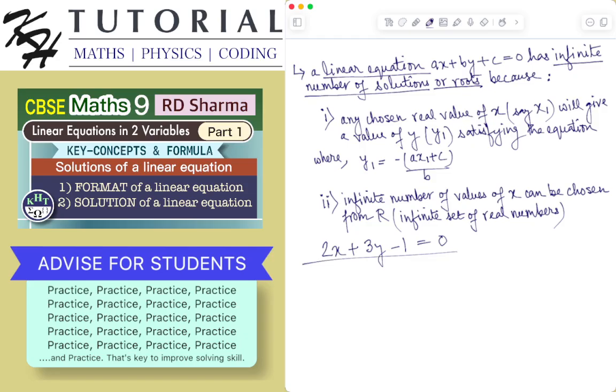A root means I have to find an ordered pair x1 comma y1 that will satisfy this linear equation. So let's say I will assume any real number value for x1.